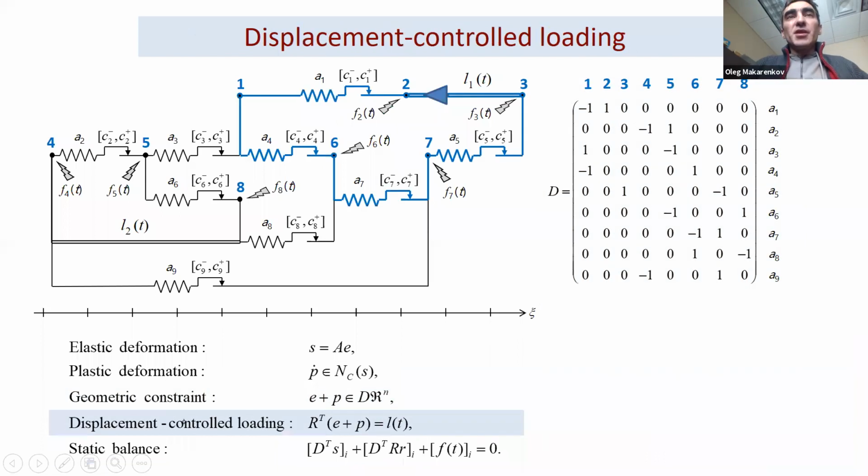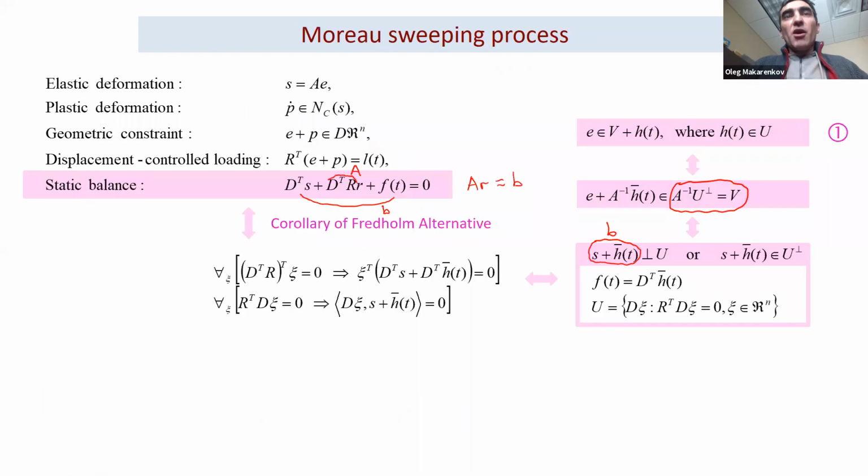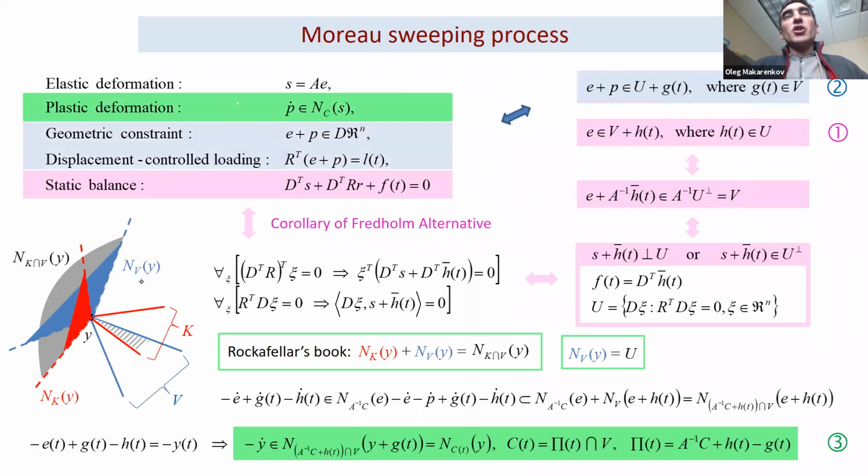And the entire idea is that we are going to reduce the dimension of this sweeping process. I'm saying sweeping process, the dimension of this inclusion, let's call it inclusion.